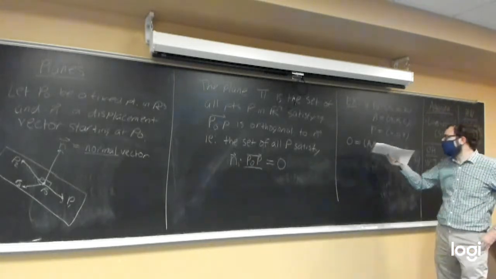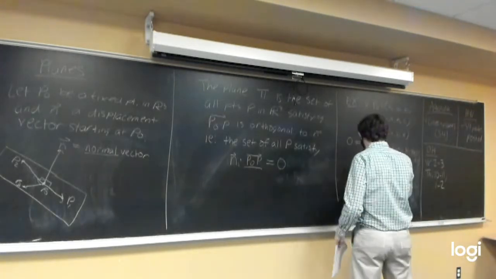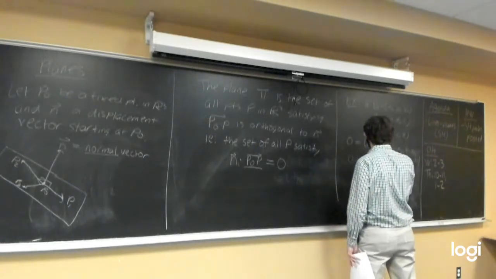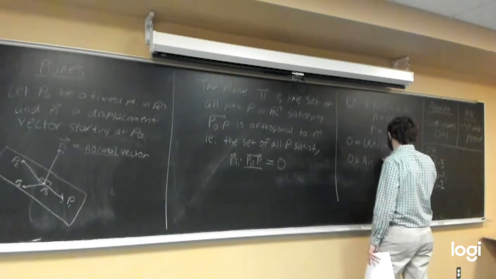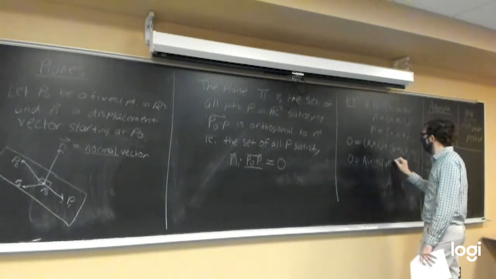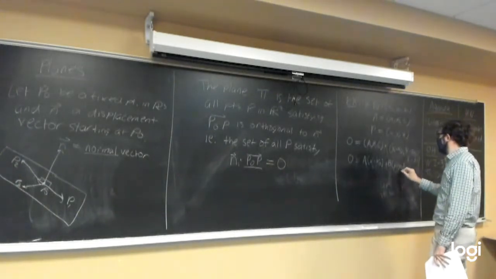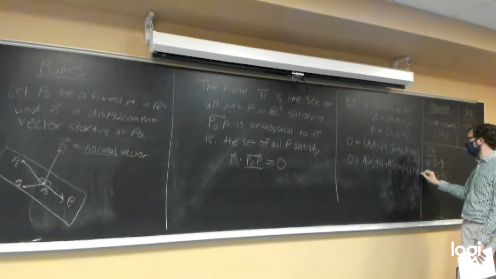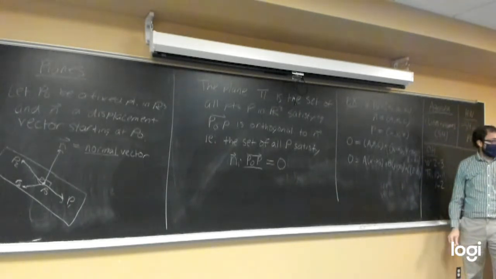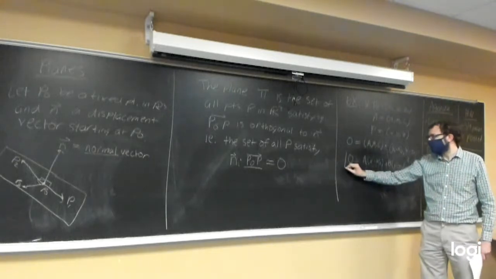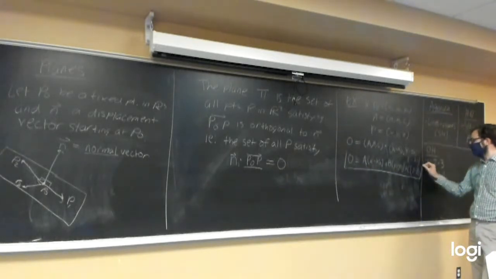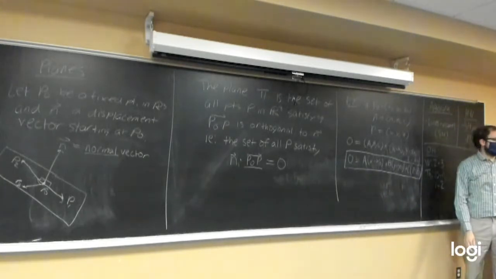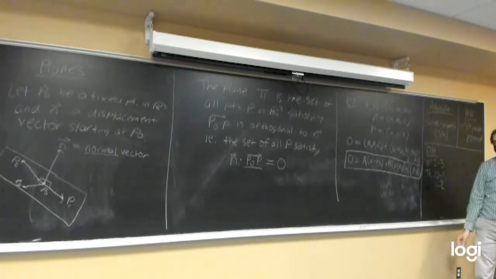Which, if we ended up taking our dot product here, would give us the expression 0 is equal to a times x minus x naught plus b times y minus y naught plus c times z minus z naught. And this right here is actually what's going to be called the standard form of a plane.